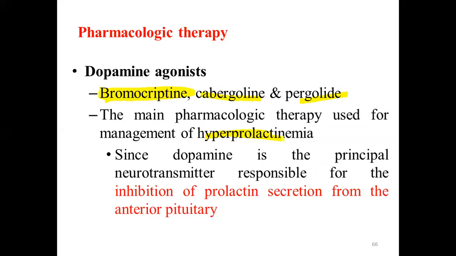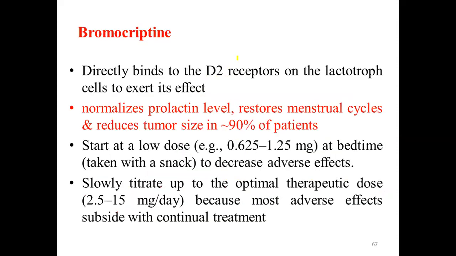Because dopamine is the principal neurotransmitter that regulates prolactin secretion from the anterior pituitary. When we activate the dopamine receptor, it can effectively inhibit or suppress prolactin release from the anterior pituitary gland.